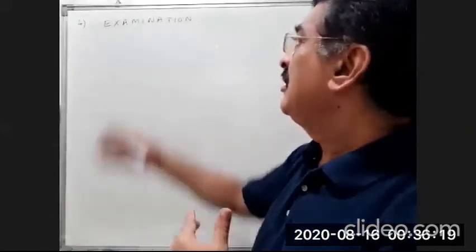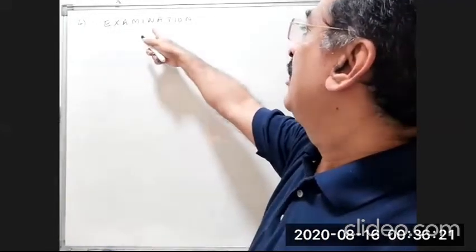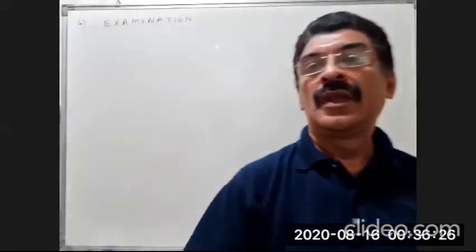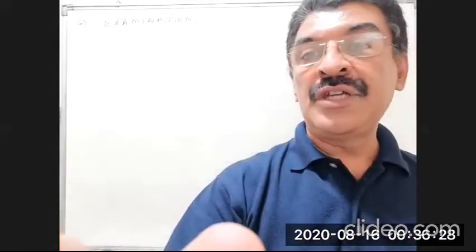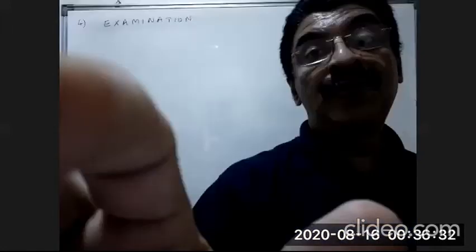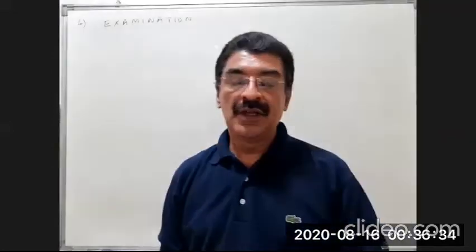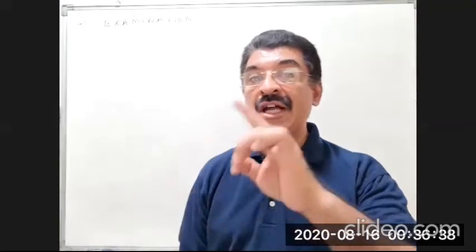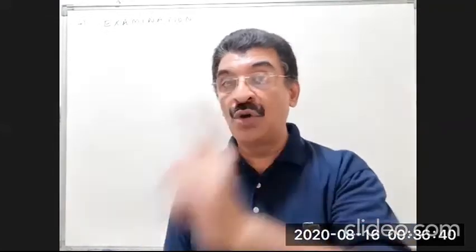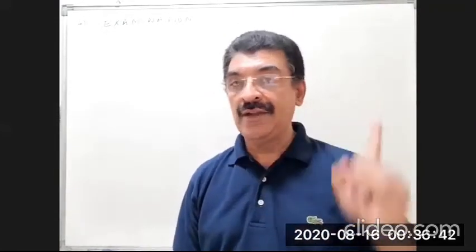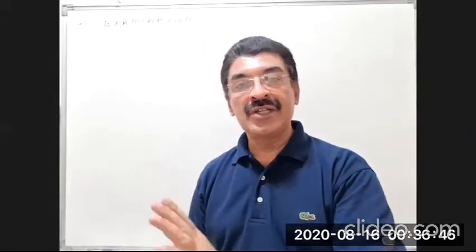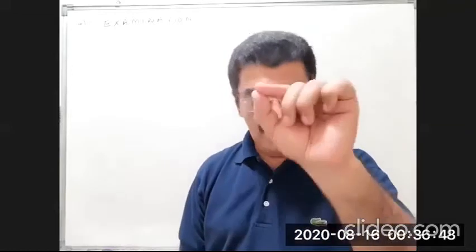Now, our question is, how many words are there before the words starting with E? Definitely, those are the words starting with A. So our question is, how many words are there starting with A?